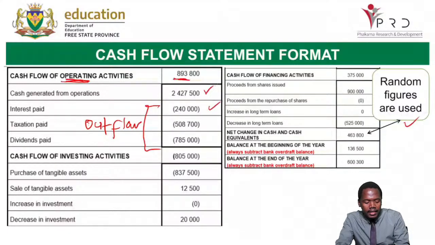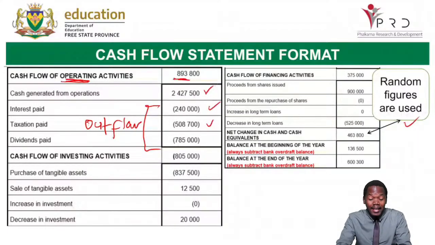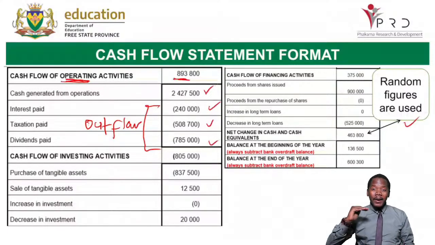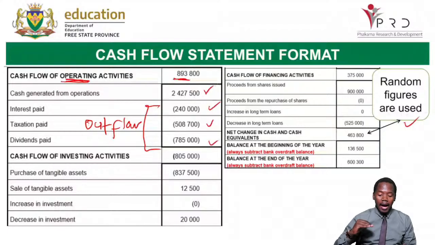We subtracted the interest paid of 240,000, subtracted the 508,700. We also subtracted the 785,000. And then we arrived at an amount of 893,800. Okay, now, grade 12s, what we're going to do, we are going to break down these amounts.